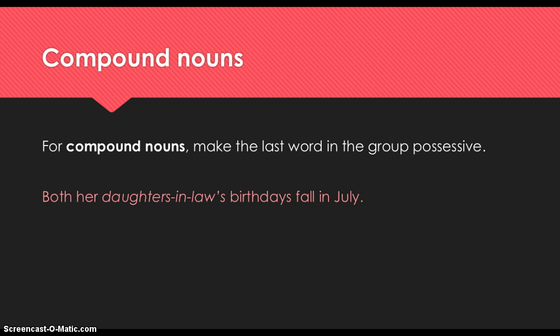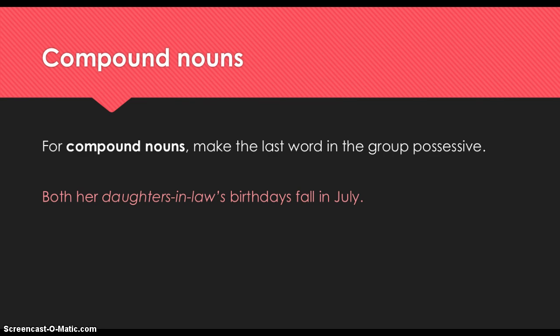Compound nouns, what you're going to do is make the last word in the group possessive, instead of using the first word. It can get a little more confusing. So here's the example. Both her daughters-in-law's birthdays fall in July. Now, daughters-in-law is a plural compound noun. It's a compound noun because of the hyphens.